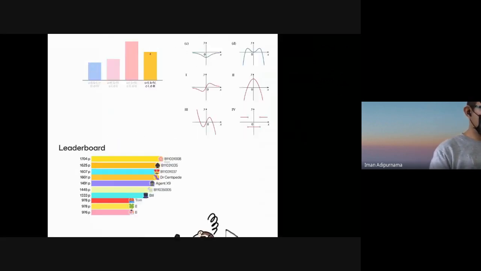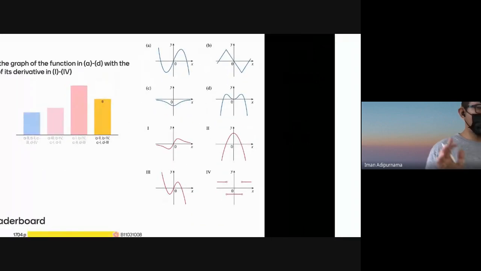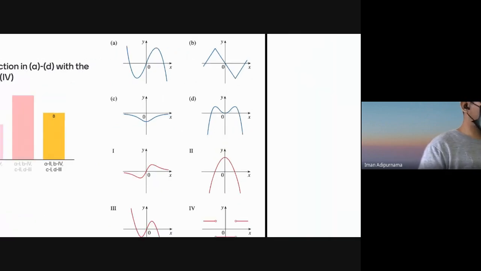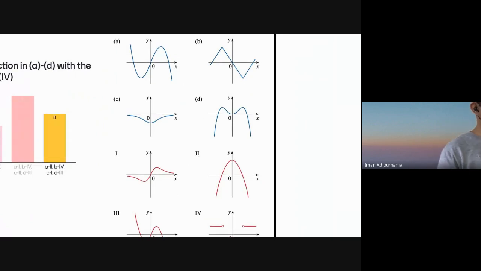Okay, this one. A, B, C, and D, all functions here need to be matched with the derivative at 1, 2, 3, and 4, right? So the first thing you need to do is look at where the gradient is 0, the slope is 0, or look for the horizontal tangent. Let's start with the first one here.